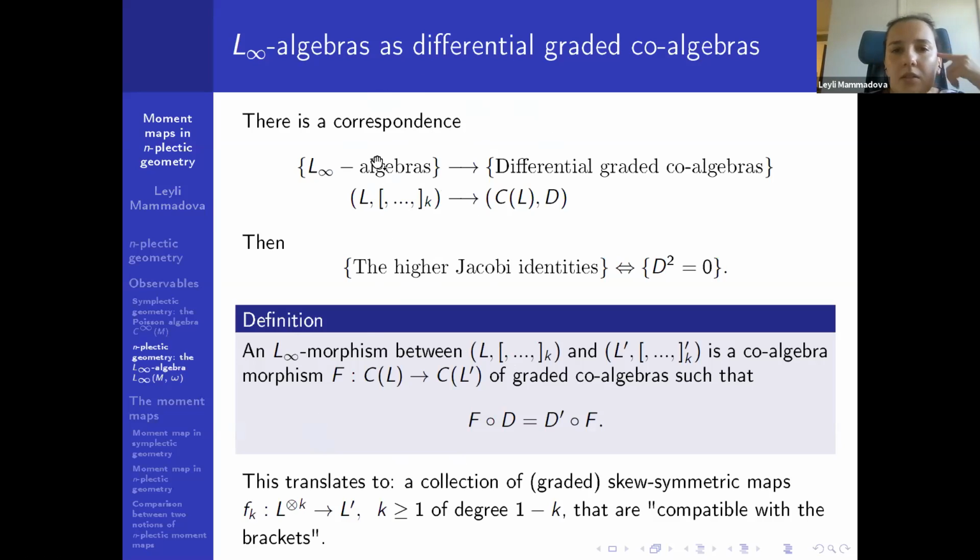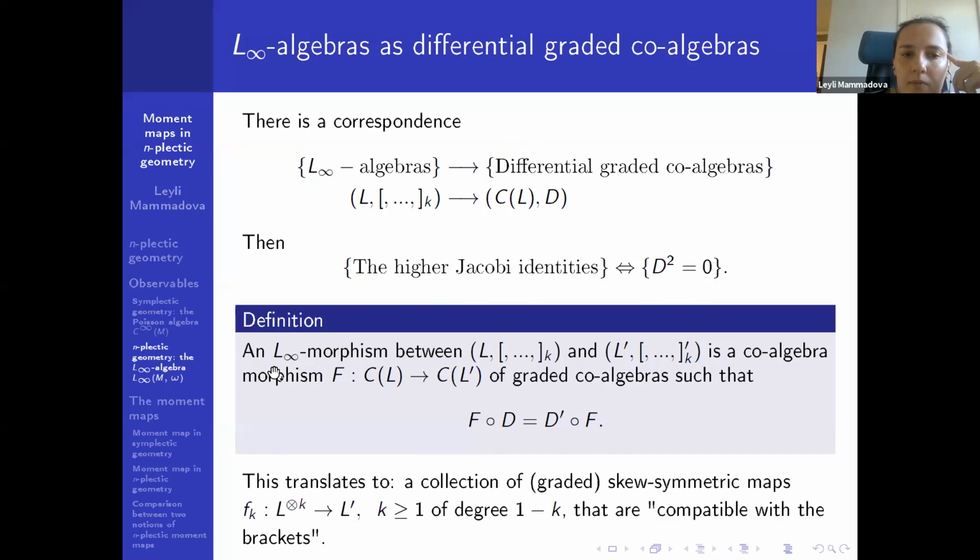It turns out that there is a way to cook up a differential graded coalgebra out of this data, that is, out of the vector space and the multi-brackets. And then those enormous, unpretty, if I may say, higher Jacobi identities will be equivalent to just this simple, elegant statement: D squares to 0.